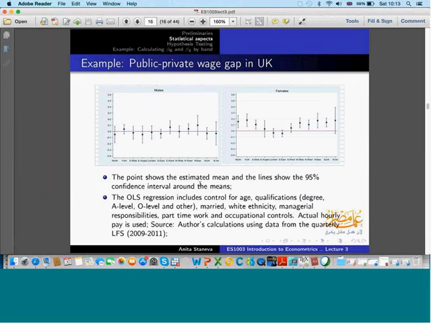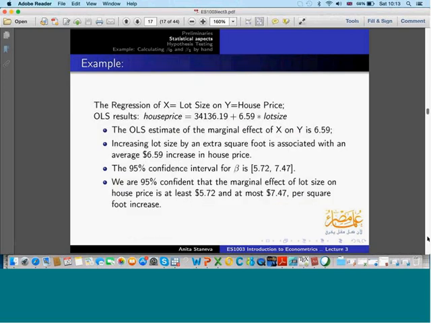This is just an example for you to understand how we can use these confidence intervals in practice. I can give you an example based on what I started with last time.